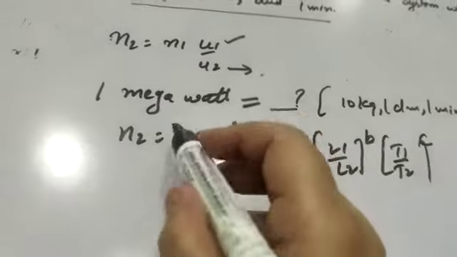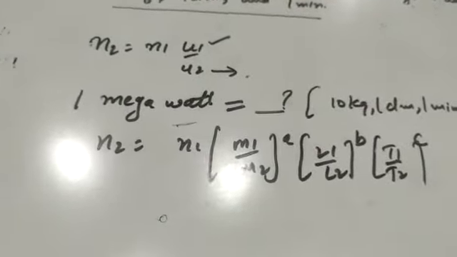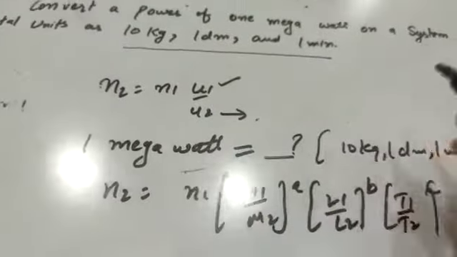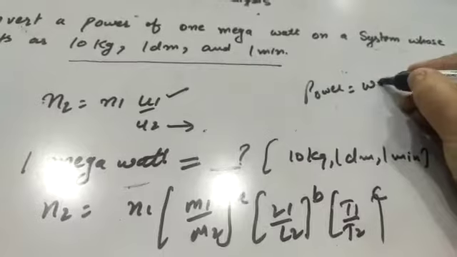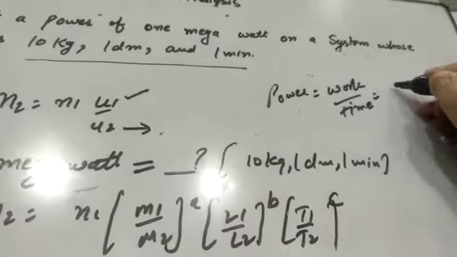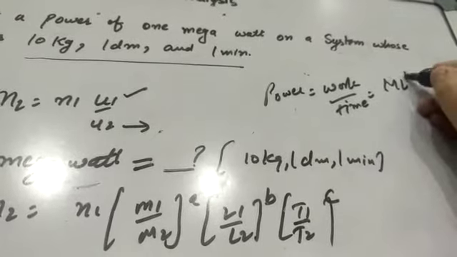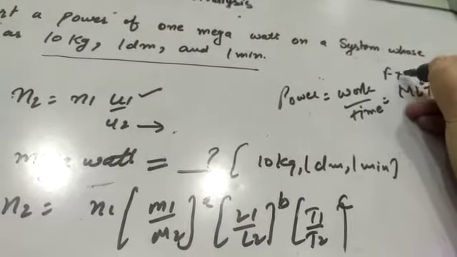So firstly we will write the power ABC. We know that megawatt is the unit for power. So power can be written as work done per unit time. Rate of doing work is power. So work is measured in ML2T minus 2. Why is this so? Because work is force into distance.